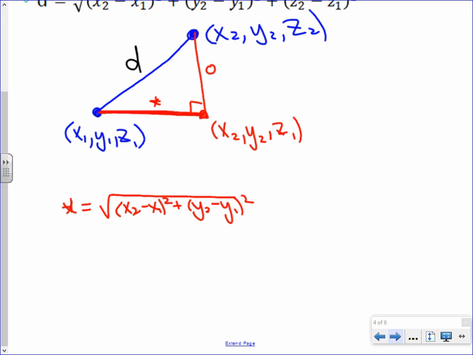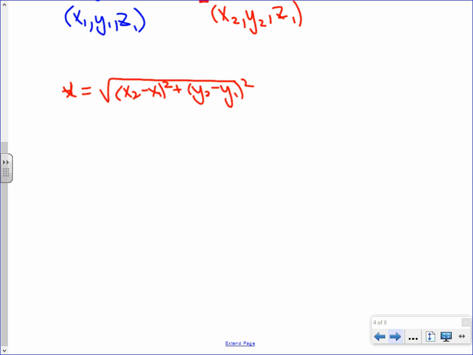If my husband is 6'3" and I am 5'2", what's the difference in our heights? Okay, all we have to do is subtract, right? So, we have a right triangle. We know the Pythagorean theorem will satisfy a right triangle.